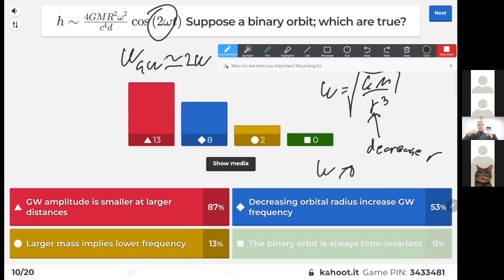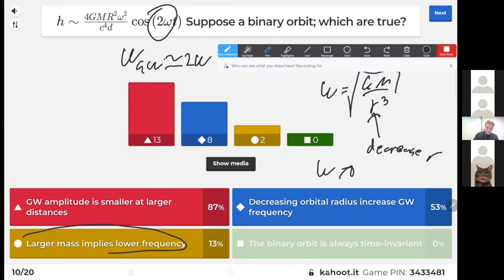So whenever you have smaller orbits, the frequency becomes larger, and that's something we see with gravitational waves as well. Whenever binaries are merging, the gravitational wave frequency goes up, and so does the gravitational wave amplitude.